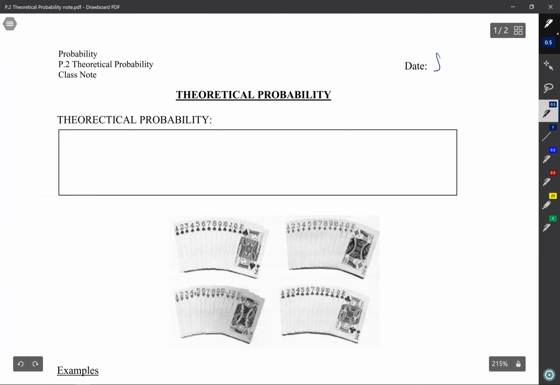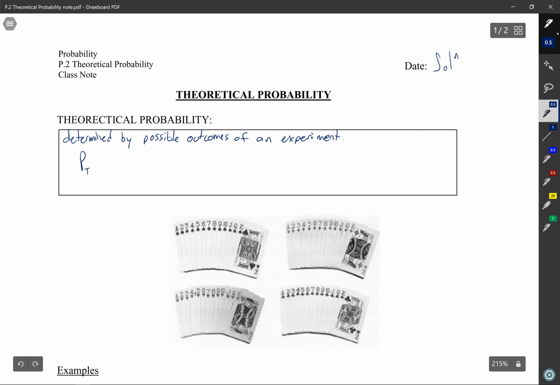So theoretical probability isn't determined by the results of an experiment, but it is determined by possible outcomes of an experiment. So we calculate the theoretical probability.